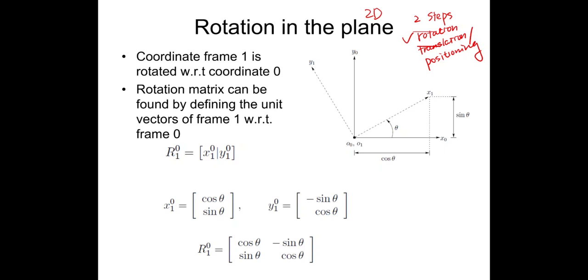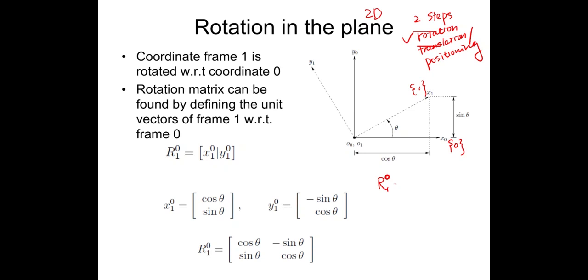Okay, so the rotation matrix can be found by defining the unit vectors of frame 1 with regard to frame 0. So if we want to calculate the rotation from x0 to x1, from frame 0 to frame 1, we write it as R10 because 0 is my reference.